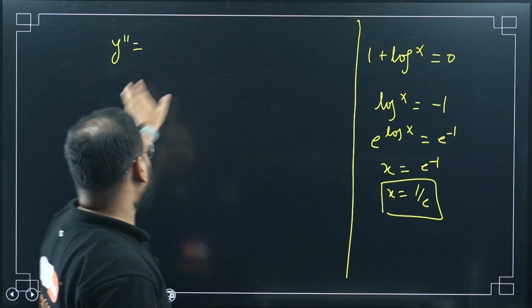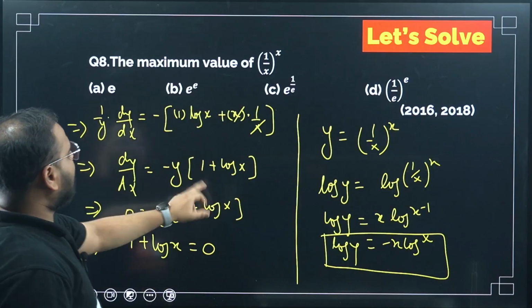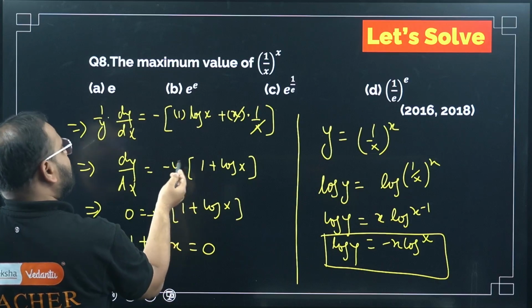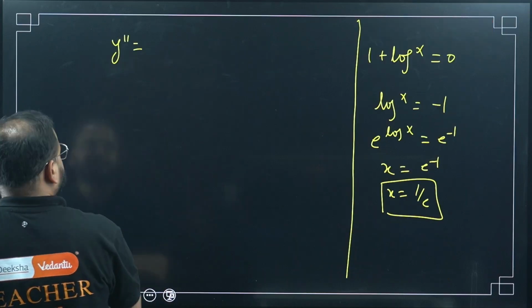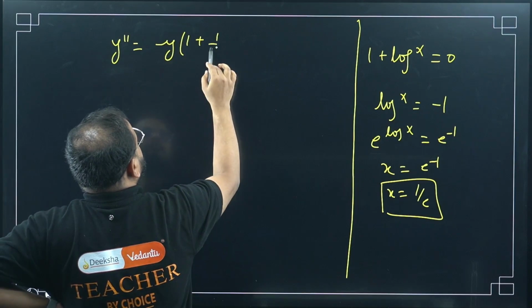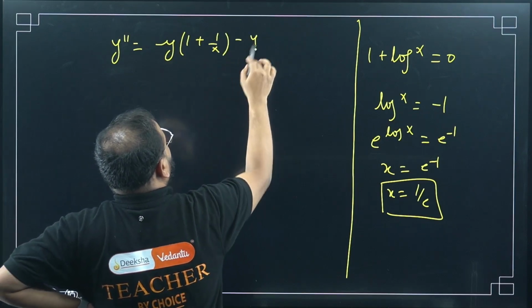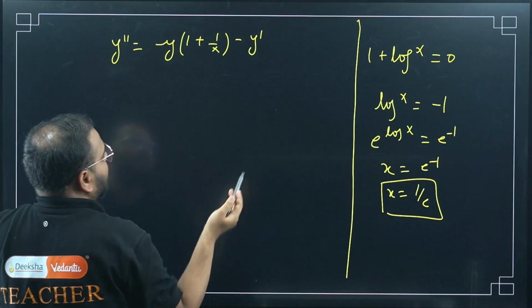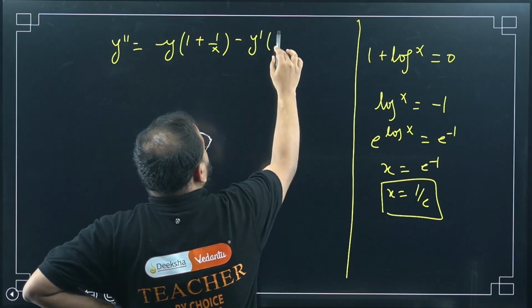If you want you can find this, no problem. Check here, I have to use the product rule again. So I'll keep this as minus y, and the other part as y dash. I'll get 1 plus log x.